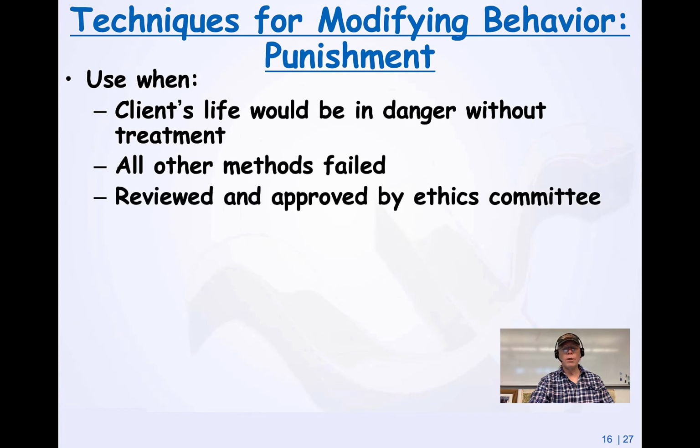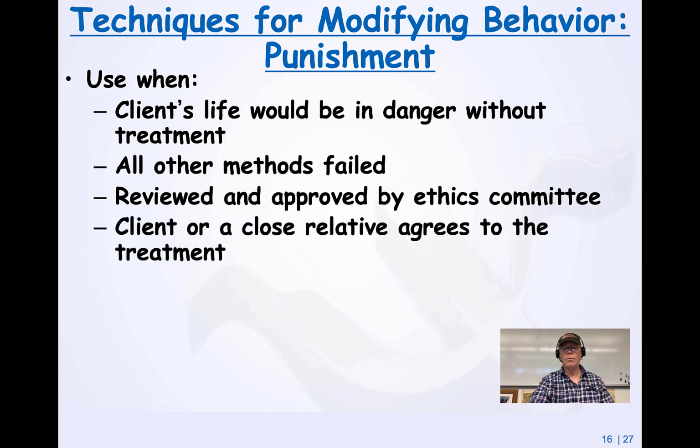And you would want this reviewed by an ethics committee. When you're going to punish somebody, you need to make sure that the punishment is approved and that everybody sees that this is beneficial for this particular client. Otherwise, it could be construed as possibly unwarranted, that you're actually torturing the person, that sort of an idea.